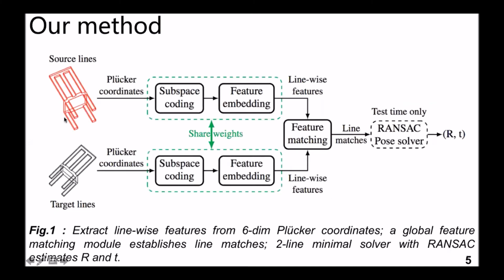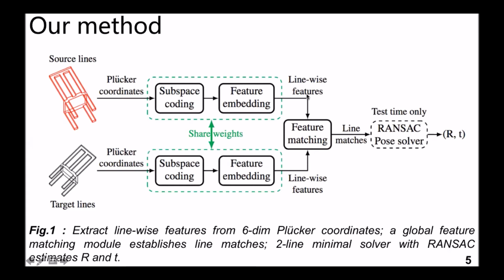Given the source and the target line reconstructions, we use their Plücker coordinates as inputs to a subspace coding module to extract high-dimensional line-wise features. And then we improve the discriminativeness of features via a feature embedding module.